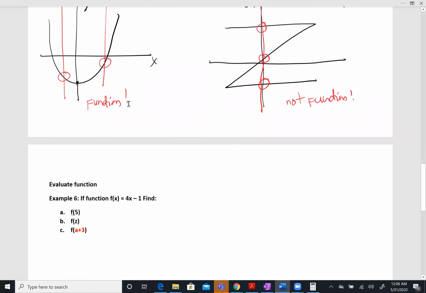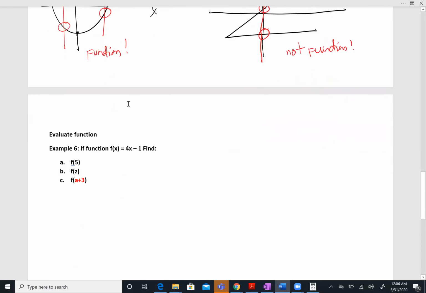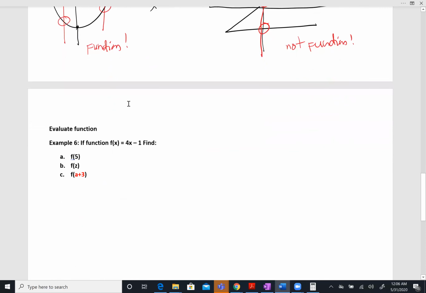And the last thing in section 1.1 that I'm going to talk about is evaluating a function. If they give you the function f of x equal to 4x minus 1, and they're asking you what is f of 5, that means the input is 5, or I can say the input is x equal to 5.